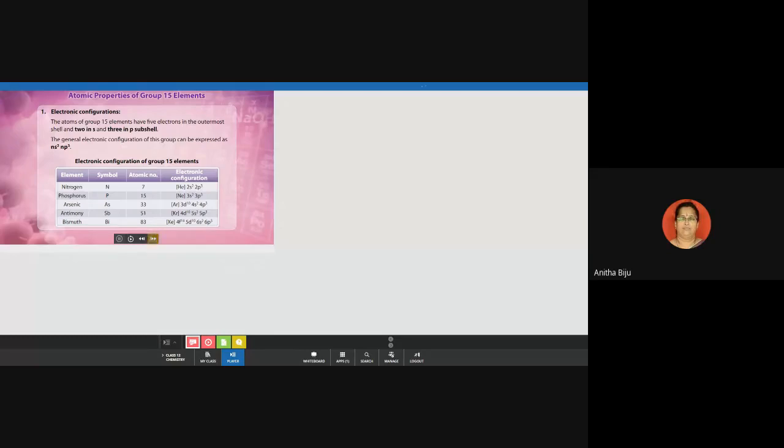No, it is not a noble gas. I am talking of all 15th group elements and I am talking of configuration only. Focus on that. Any other answers? Ma'am, it is stable. But how can you make out that it is stable on the basis of configuration? Ma'am, the last subshell has half filled.